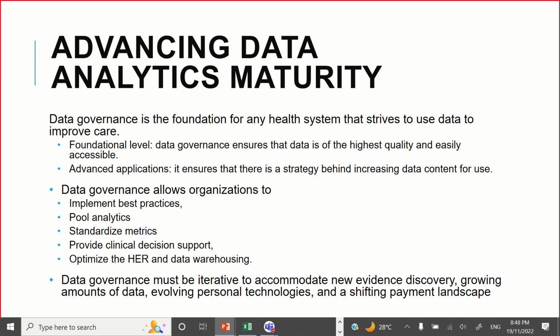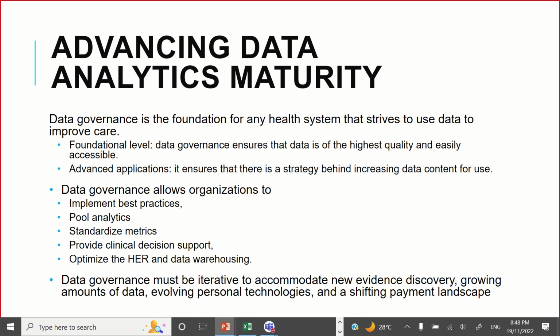So iterative here means it should be done on a small cycle. So you don't set your data governance and your data analytics mechanisms considering that this is going to be staying the same for the next 5 years. It's going to be iterative, repetitive, frequently happening cycle of things.